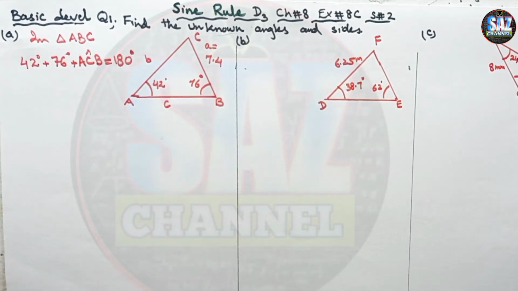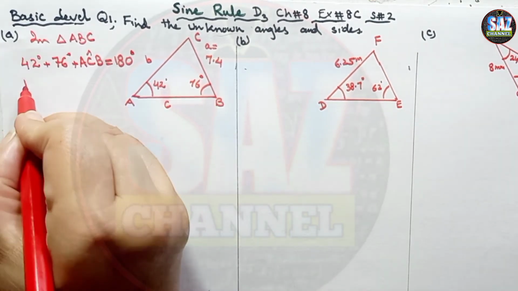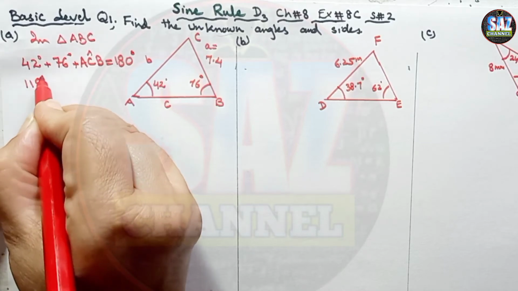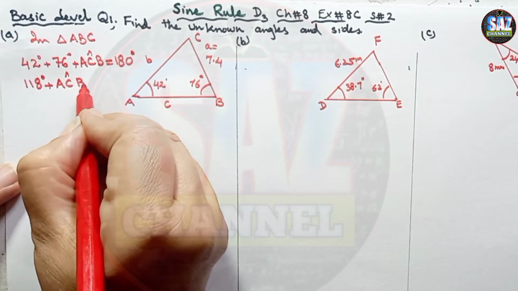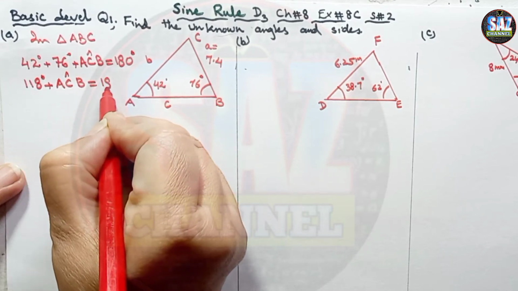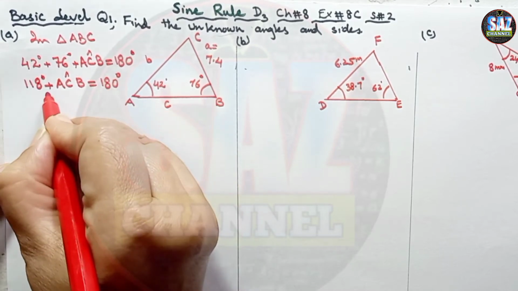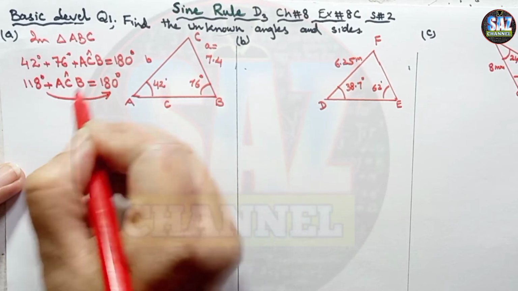Now add up 42 plus 76, and this gives me 118. So 118 plus angle ACB equals 180 degrees. Now we have to shift 118 to the other side.